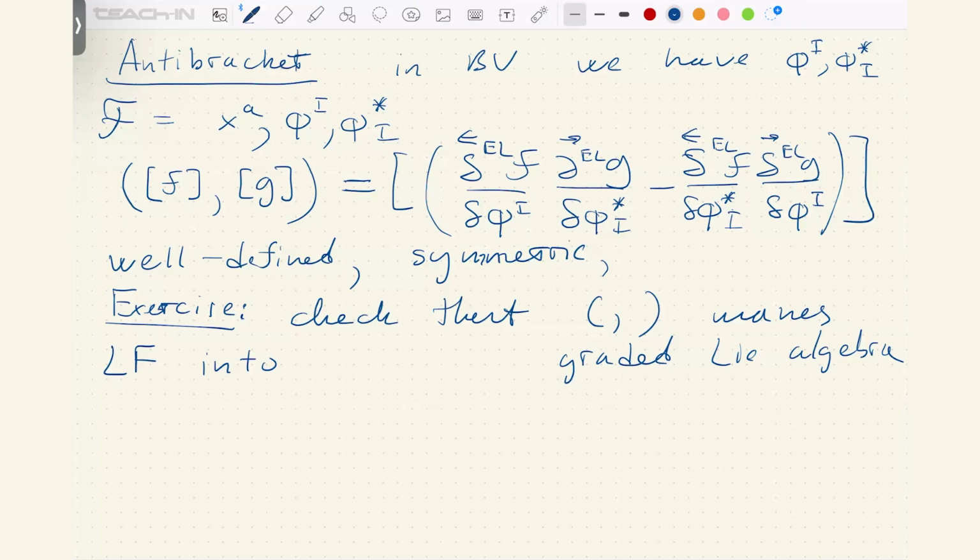Okay, but still, this definition of bracket is not very good because, in particular, it does not help us to produce the BRST differential. The BRST differential is, by our definition, an evolutionary vector field, which is defined on local functions. But this bracket, as we defined it, is only defined on equivalence classes.